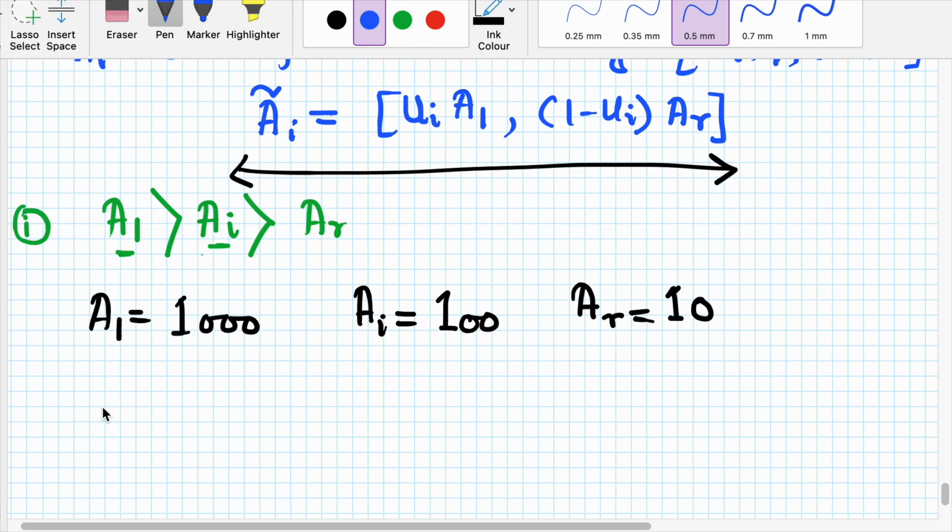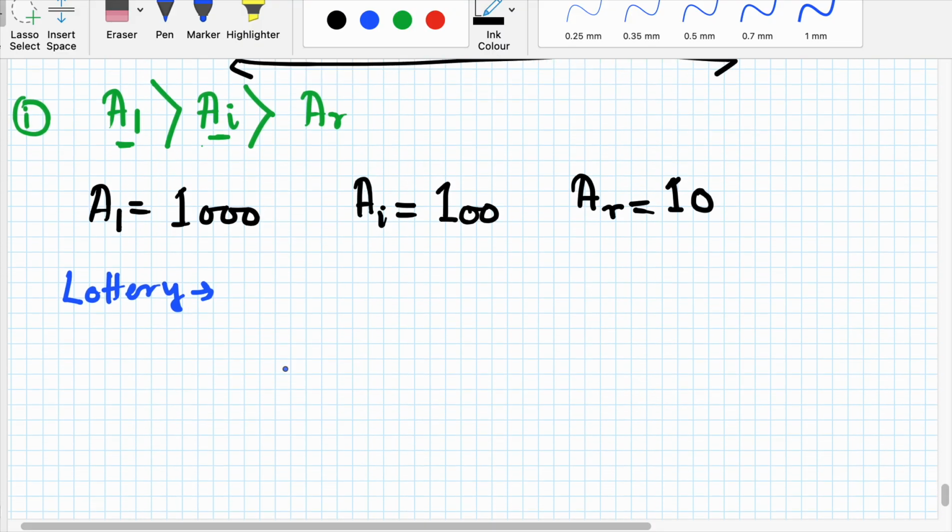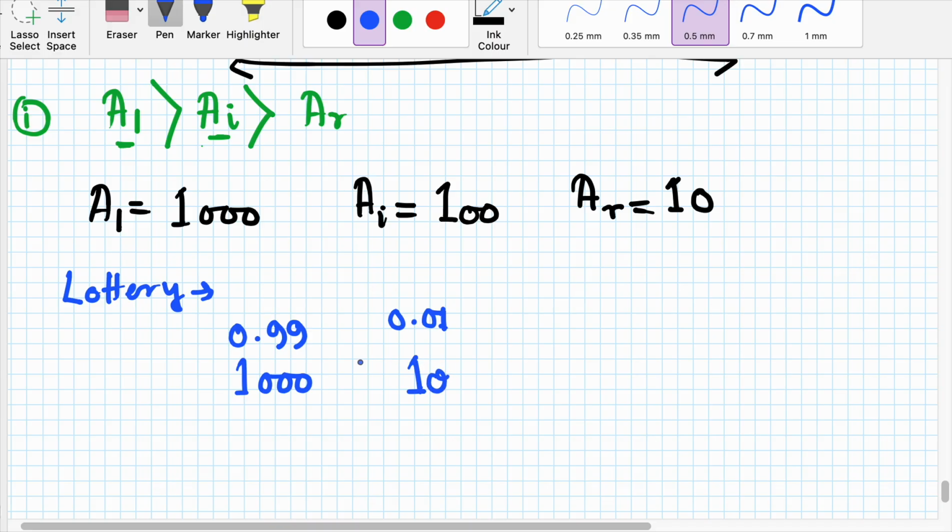Now I am making a lottery that with 99% chance, or with probability 0.99, I will get 1000 as a prize, and with 0.01 probability I will get 10 rupees as a prize.